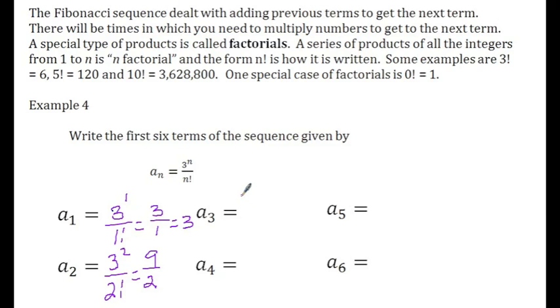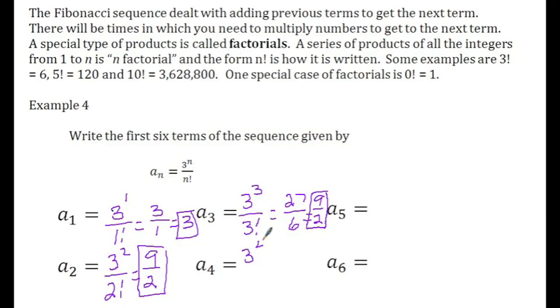The third term, 3 cubed over 3 factorial. 3 cubed, 3 times 3 times 3, is 27. 3 factorial is 1 times 2 times 3, which is 6. Reduce that fraction by 3s to give us 9 halves. Let me box these so they stick out.